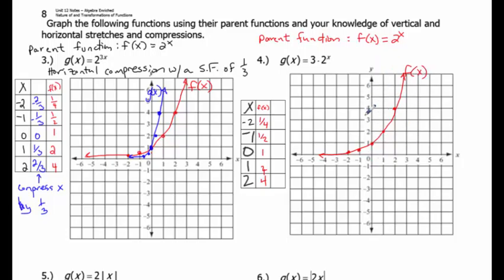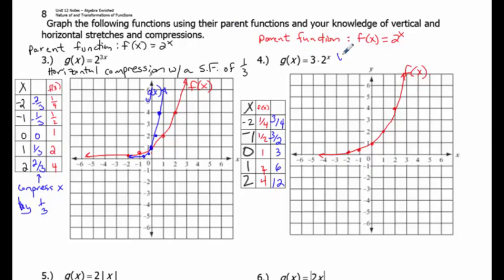Now, I'm expecting a vertical change here, and so we're going to come up with new y values. The resulting function, g, is going to simply multiply the y values by 3. So we should have 3/4, 3/2, 3, 6, and 12.